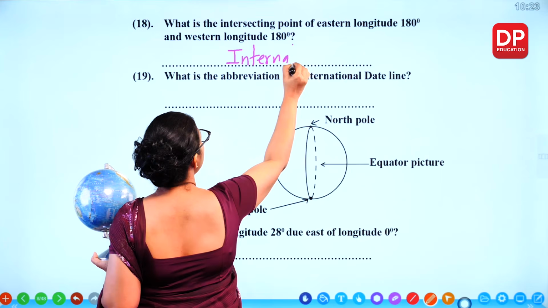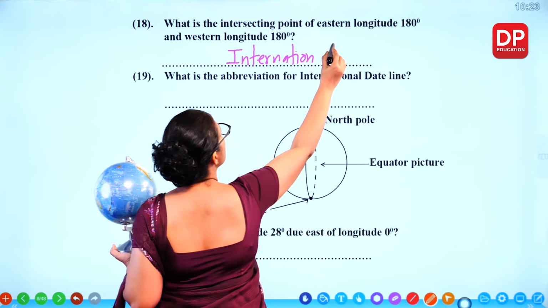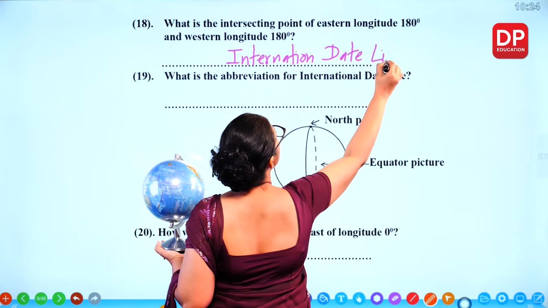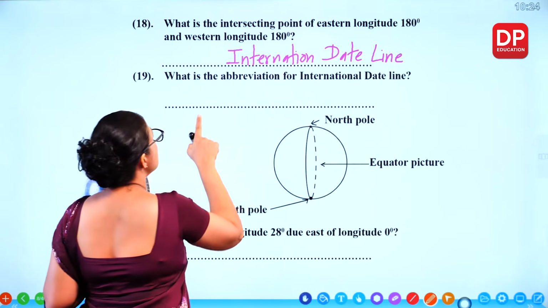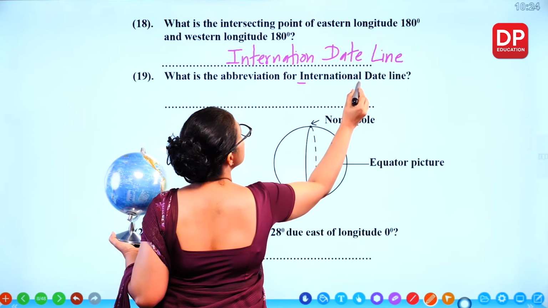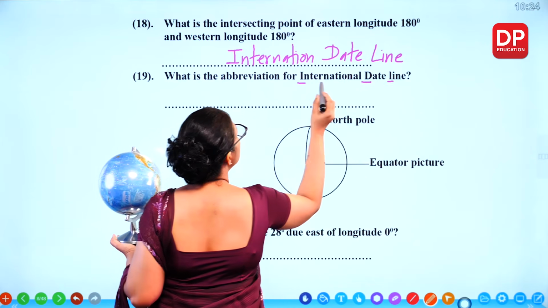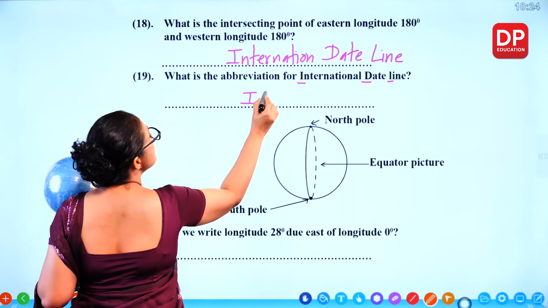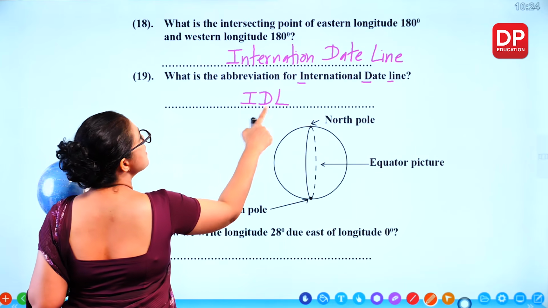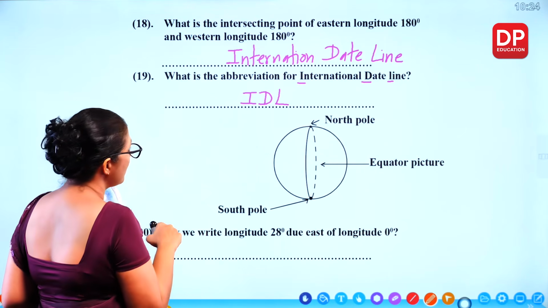What is the abbreviation for the International Date Line? We use the capital letters IDL. So IDL, International Date Line. Now look at this diagram.